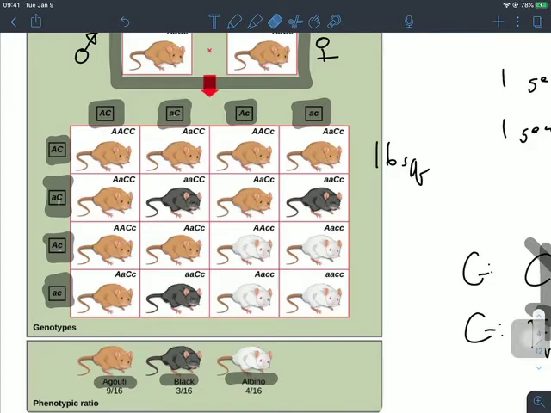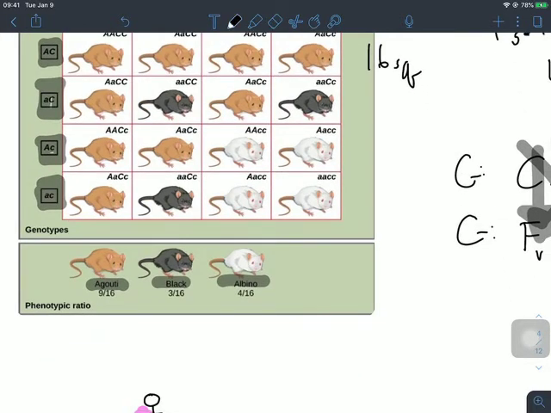So, how does inheritance of this work? When do we get different phenotypes? Well, you have your 2 genes. The A gene, where a capital A is your agouti coloring, and your lowercase a's are black.